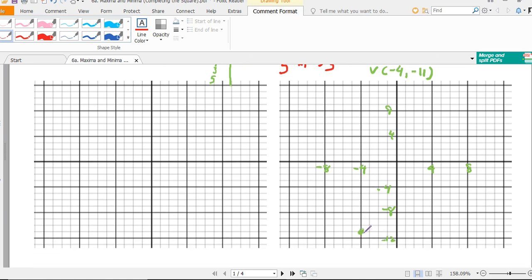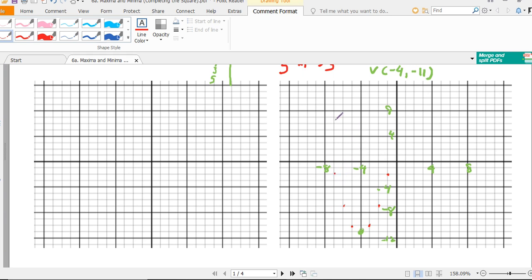So a vertex of -4, -11, and since my new pattern is still 1, 1, 3, 5, I'll go 1 over, up 1, 1 over, up 3, 1 over, up 5. I do the same thing on the other side.